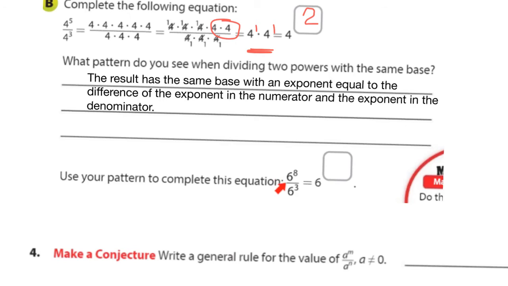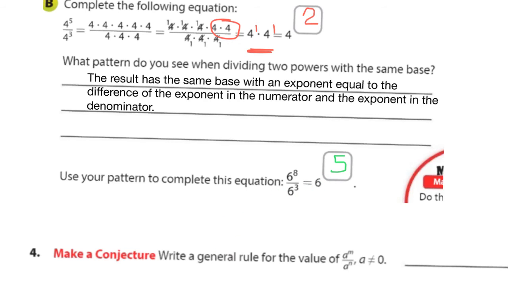So we have a 6 base, a 6 base. We have 8 in the numerator, 3 in your denominator. So what do you do with these two exponents to find the answer exponent? Remember, you kept the base. So what do we do here with the 8 and 3? That's right, we subtract. So 8 minus 3 gives you 5. So 6 to the 8th divided by 6 to the 3rd is 6 to the 5th.